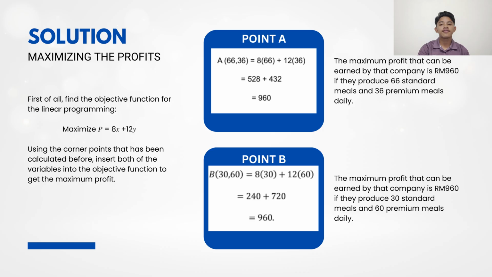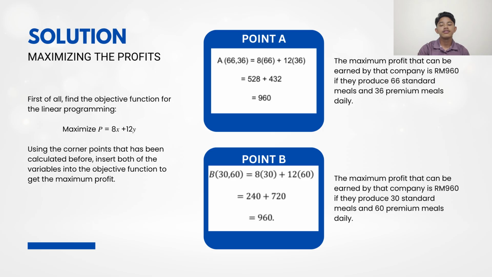So the objective function is P equal to 8x plus 12y. 8 we got from the profit of standard meal, and 12 we got from the profit of premium meals. So using the corner points that we have calculated before, we will insert both of the variables into the objective function to get the maximum profit.